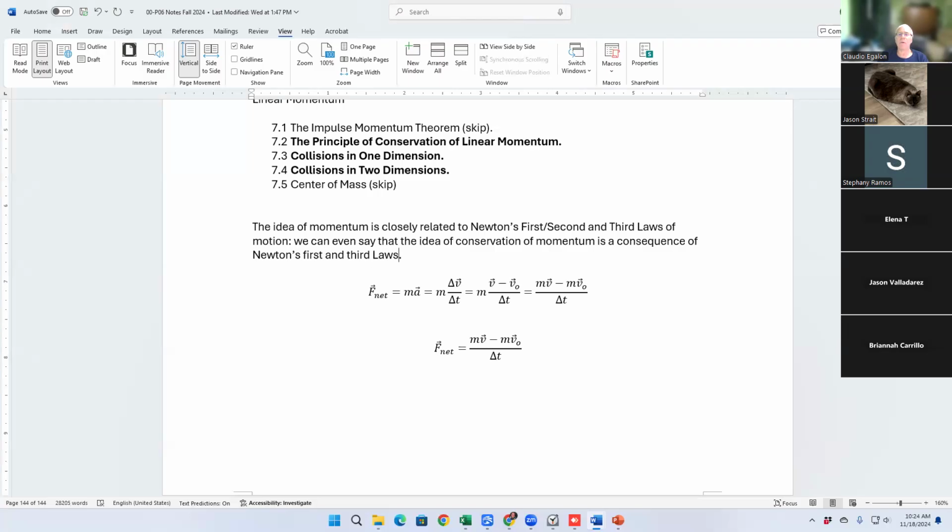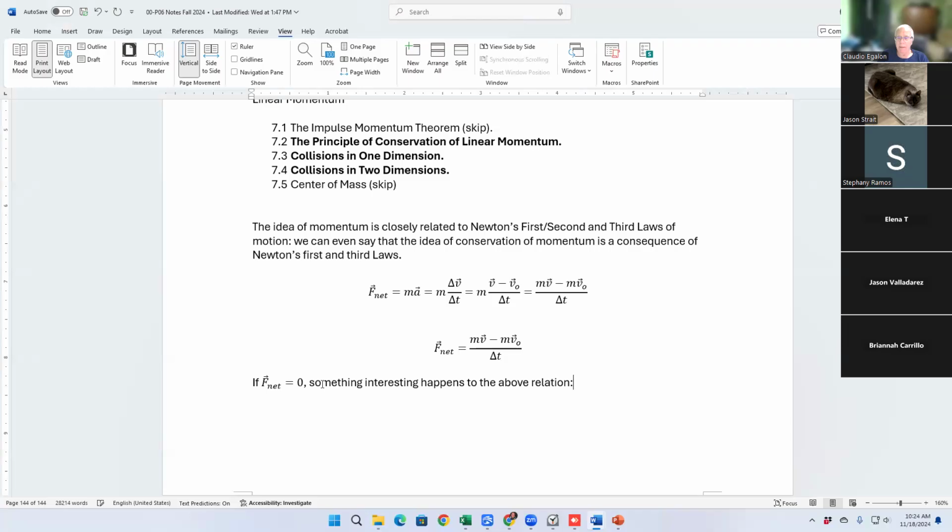Let me show you. If the net force is equal to 0, something interesting happens to the above relation.